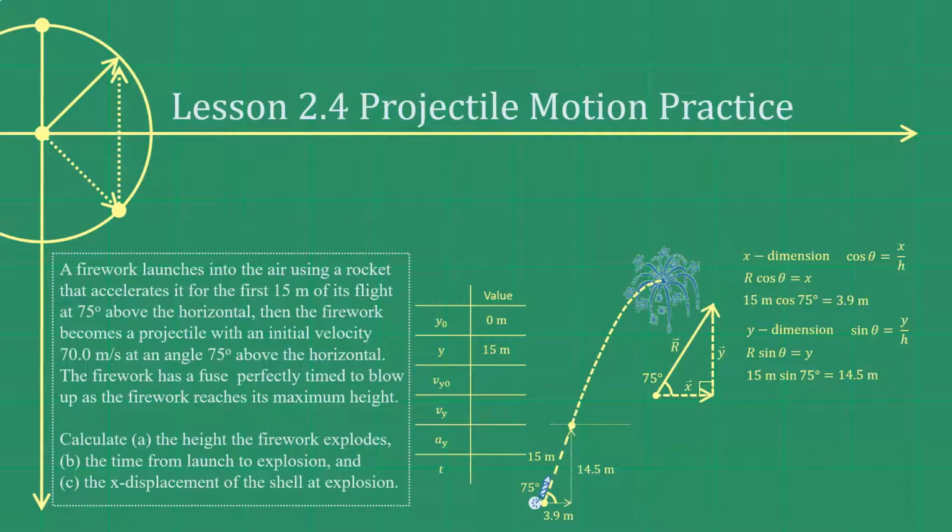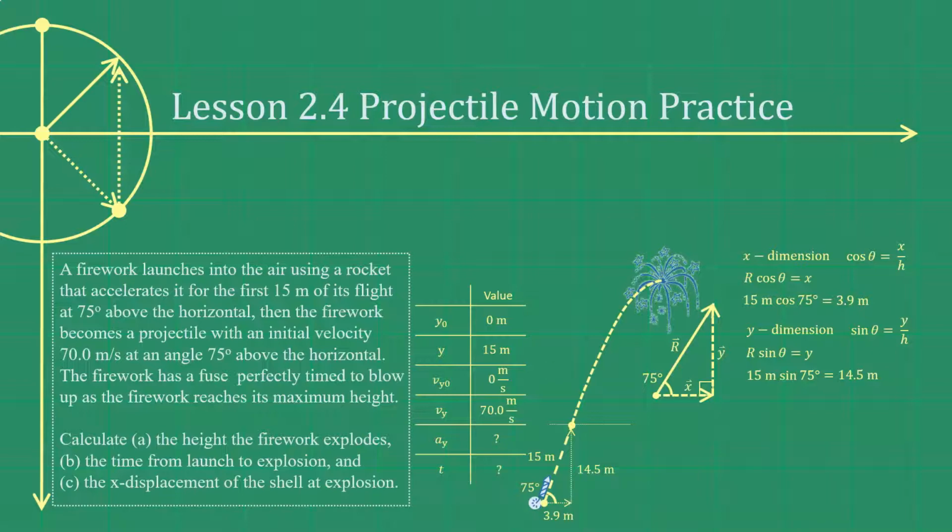All right, the next thing I'm going to do is note my initial velocity. When the rocket starts burning, the moment after it starts burning, its initial velocity is 0, but it very, very quickly attains a velocity of 70 meters per second. It's not going to take a long time. It did it within 15 meters of distance. Now, I need the acceleration and the time, but those are two values that I don't know.